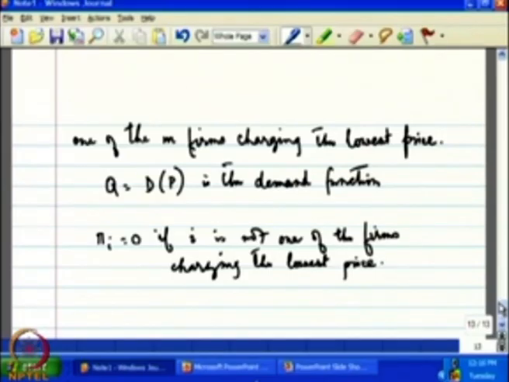If it does not produce any output, its cost is 0, the revenue is also 0, because it is not catering to any demand. So, this is the story.